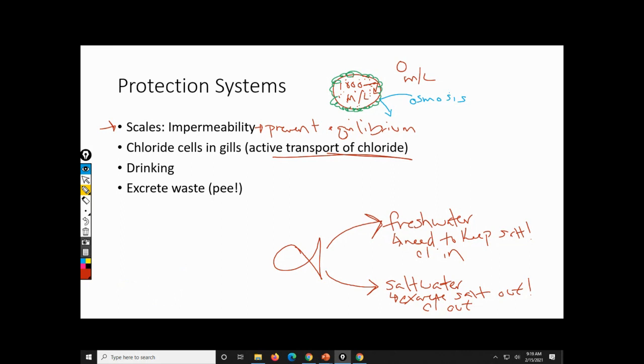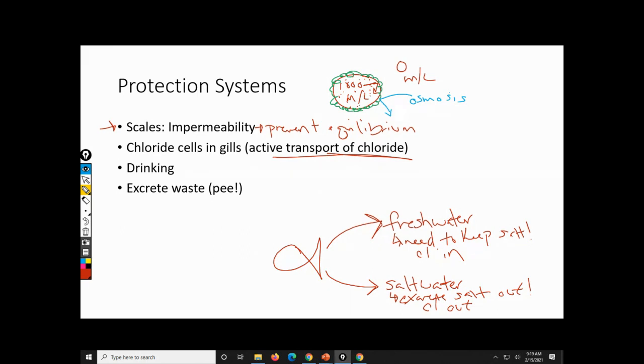Drinking and eating, kind of coming together. So this is basically asking if we need more, or when. We can't stay in perfect balance all the time. So when I'm thirsty and I need more water, or we've all had that feeling of craving a little bit of salt, so we eat a little bit of food.